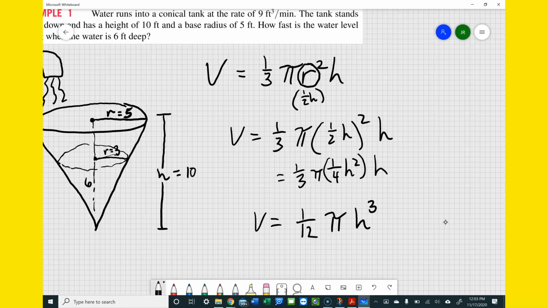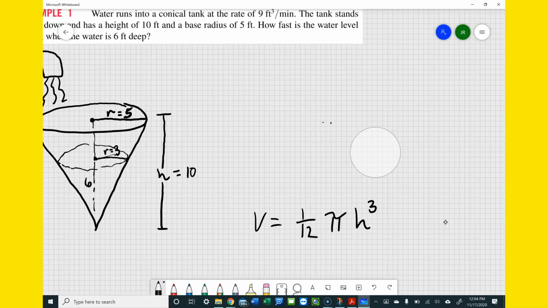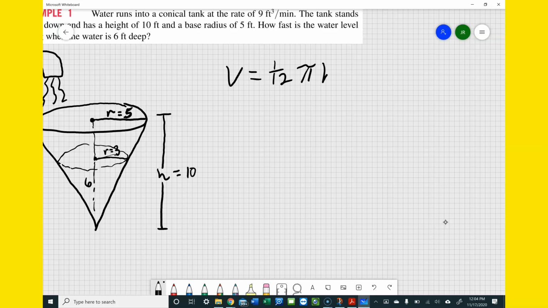Now, all right, let me make myself some more room. For a mathematician, there's just never enough room, is there? V equals 1/12 pi h cubed. Now I'm going to take a derivative of both sides. Again, it's a rate of change, so it's with respect to the variable t.